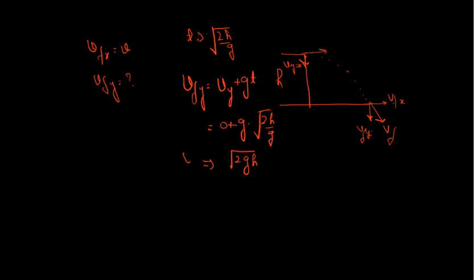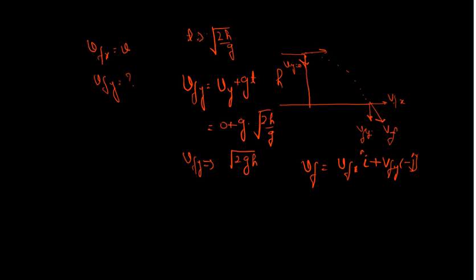This is v final of y. Clear? Now to calculate v final, it is v final x component in the i direction, plus v final y component in the minus j direction. Why minus j? Because it is going in the downward direction, so it is negative.